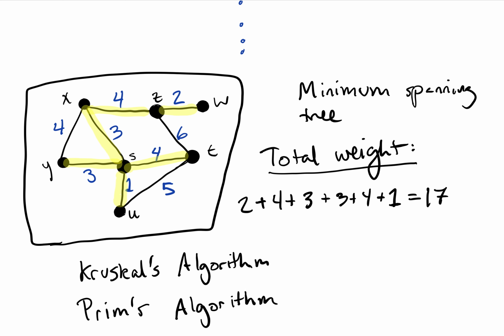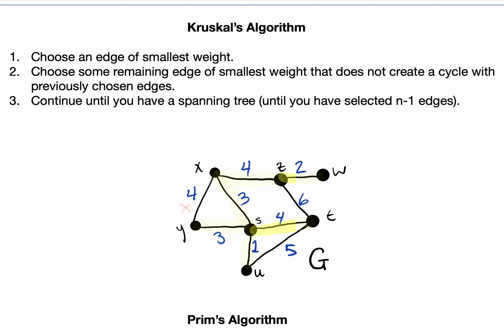So here is Kruskal's algorithm. We choose an edge of smallest weight. In this case, the edge of smallest weight would be this edge of weight 1. We then choose some remaining edge of smallest weight out of all the edges that we have not already chosen that does not create a cycle with a previously chosen set of edges. So we can select that edge of weight 2.